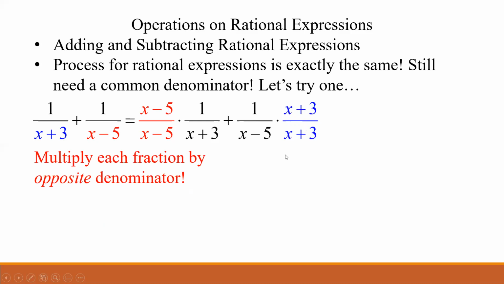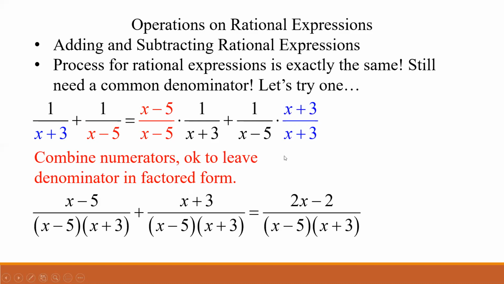Then we just combine those up top. So we have x minus 5 times 1, which is x minus 5, and x plus 3 times 1, which is x plus 3. You can combine those like terms because I have x plus x, so that becomes 2x. And then negative 5 plus 3 is negative 2. And again, the bottom stays the same. So I'm okay with that being the final answer.